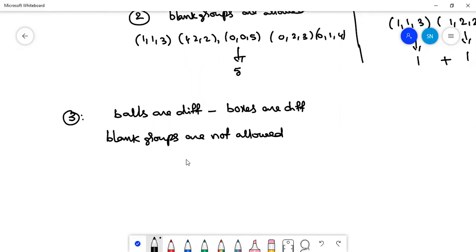That is nothing but onto function. So this is onto function. Number of onto functions.